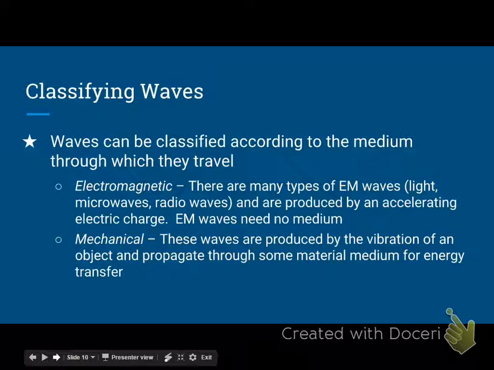Now, as we work with waves, we're going to want to, as with anything, classify them. And there are a couple ways that we can, and the first is based on whether or not they need a medium to travel through. And a medium is simply matter.